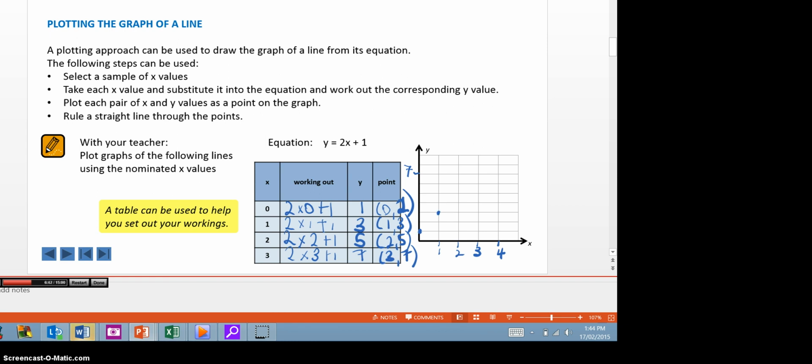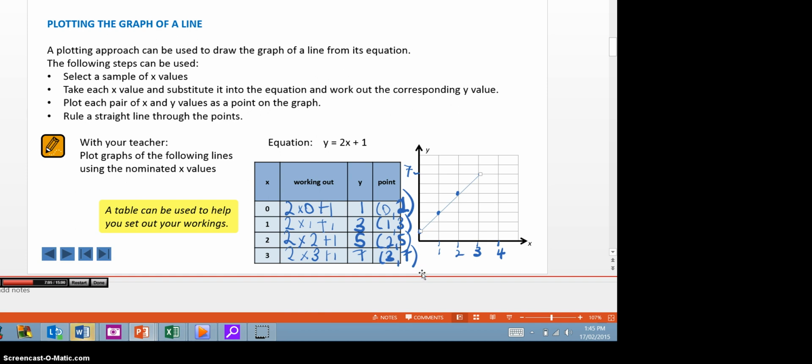So I'll just get my ruler up. So I know that it's got quite a steep gradient. Every time I go across 1 unit, I'm going to go up 3. It also tells me that it goes through -2. So it might look something like that.